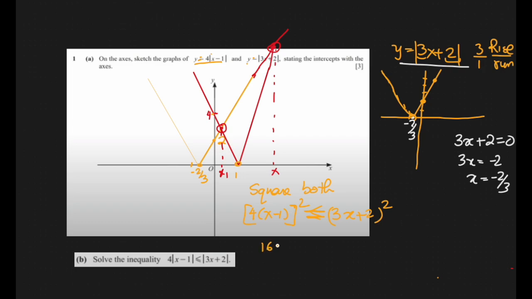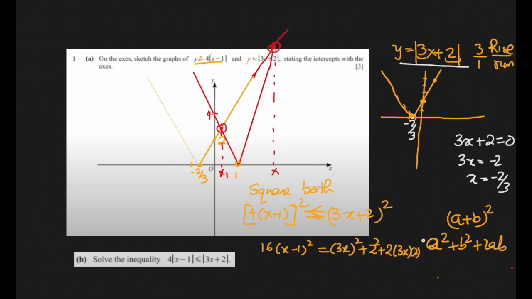What does this become? (4x minus 1) square is equal to, and I can open this one with this identity: (a plus b) whole square is a square plus b square plus 2ab. So a square means 3x square plus 2 square plus 2 times 3x times 2. And I will expand this one also.